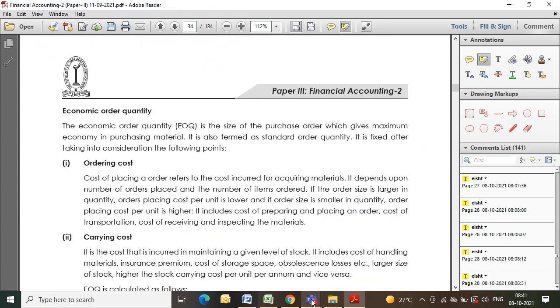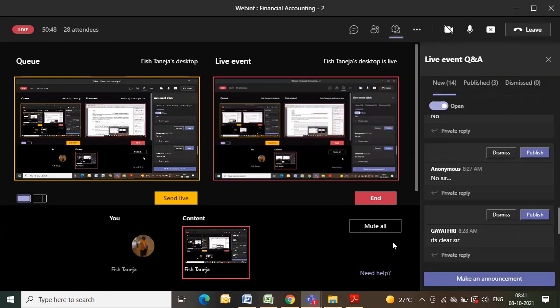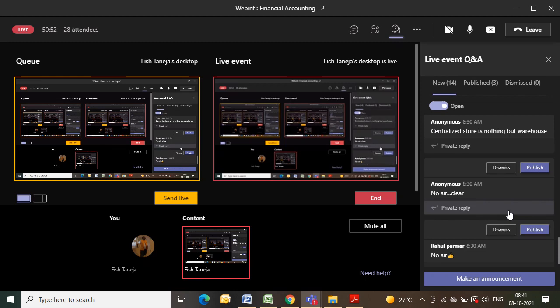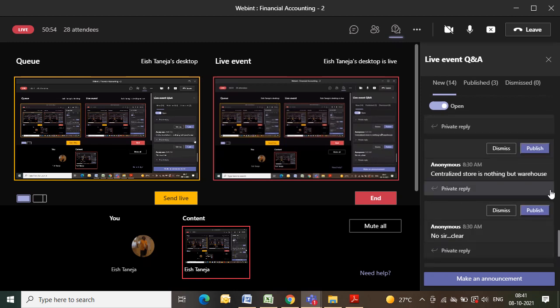Any questions up to now? Anyone? Gayatri or anyone? Okay, so one question is whether centralized store is nothing but warehouse. No, warehouse is separate, centralized store is separate. You cannot compare both of them. They have different concepts, different structures.